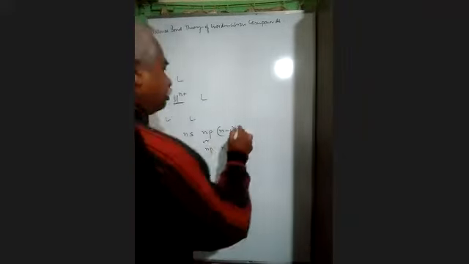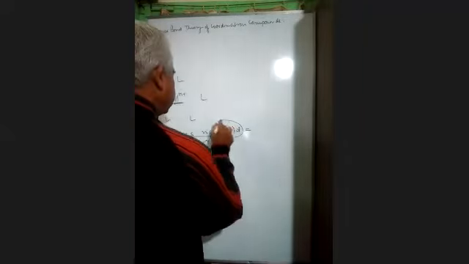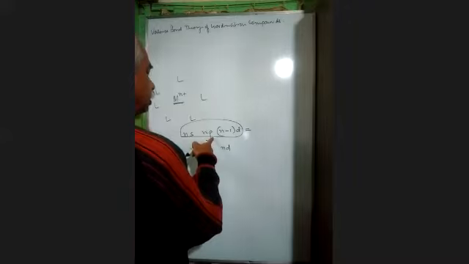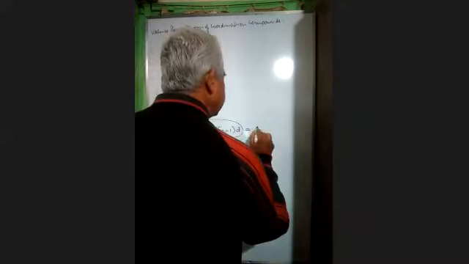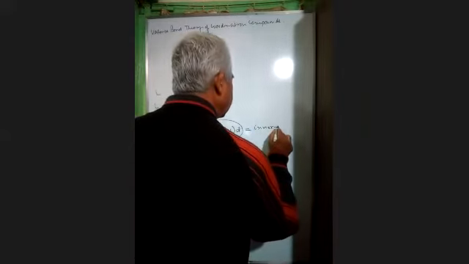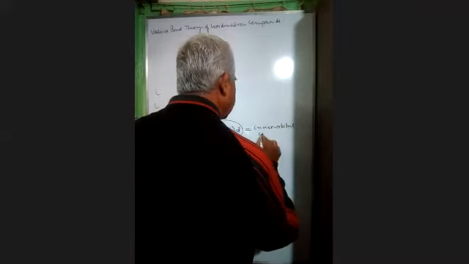So when complexes are formed by the hybridization of the outermost shell s and p orbitals and inner d orbitals, this type of complexes is called inner orbital complexes.